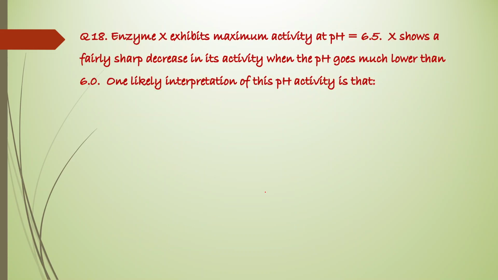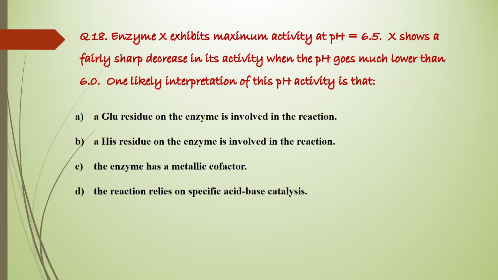Okay, let us look at the next question, question number 18. It states enzyme X exhibits maximum catalytic activity at pH 6.5. X shows a fairly sharp decrease in its activity when the pH goes much lower than 6. Again, fine. What could be the likely interpretation of this pH activity?